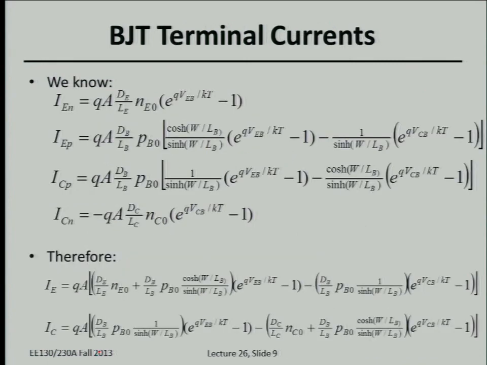So a short base means that this W over LB is small. I forgot to remind you, W is the width of the quasi-neutral base region. If the width of the quasi-neutral base region is very small compared to the minority carrier diffusion length, then the argument of the hyperbolic cosine and hyperbolic sine is really small.